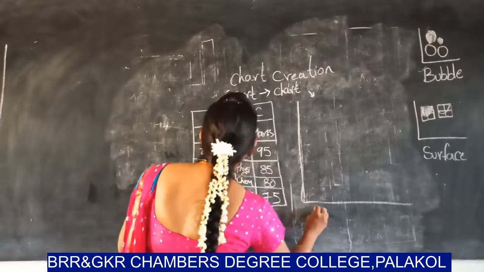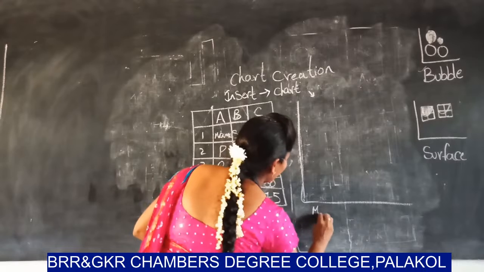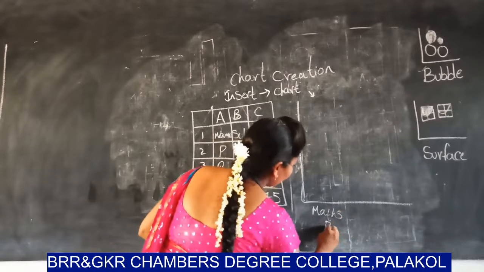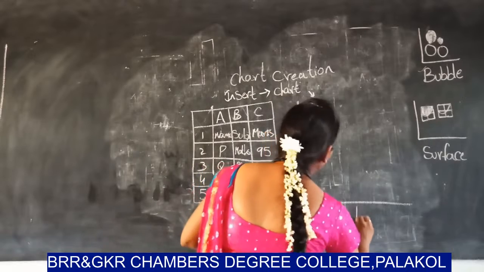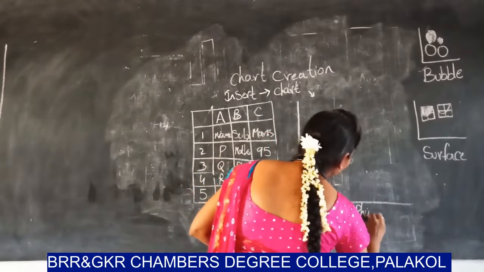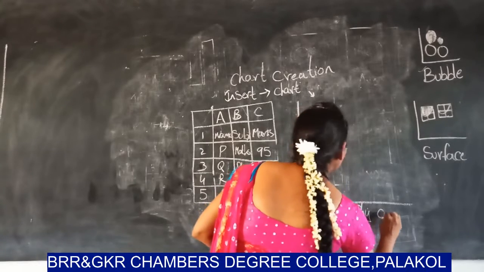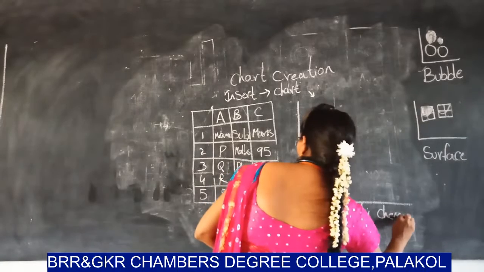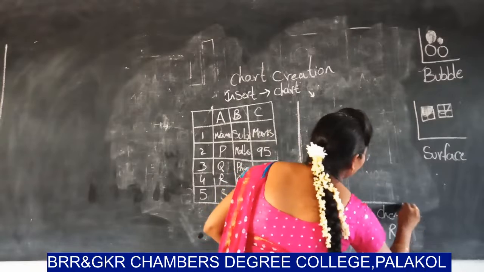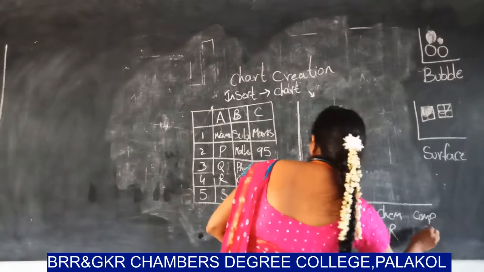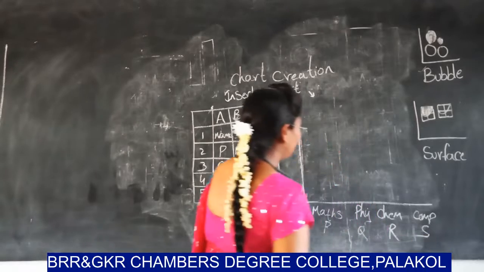Here I am taking the first subject as maths, that is P person, the next one is physics, that is Q person, and next is chemistry, R person, and the next one is computer, that is S person.